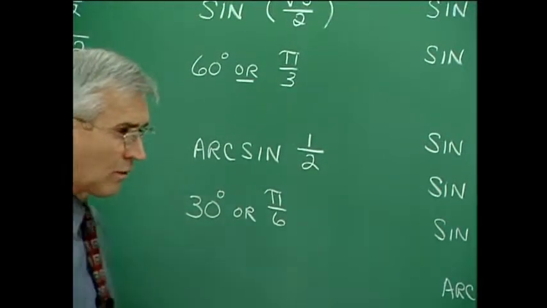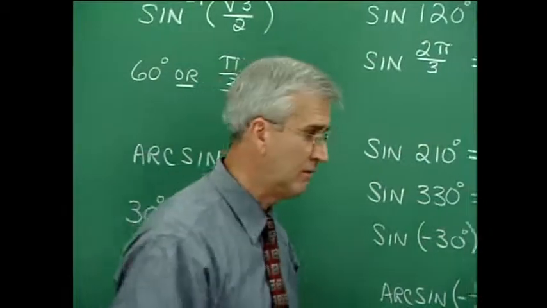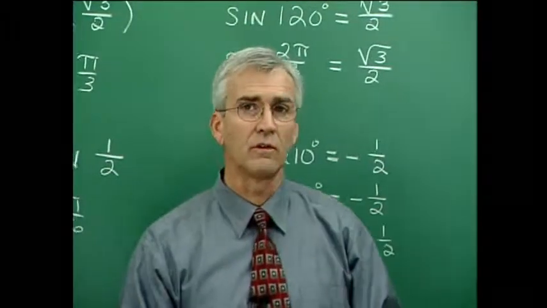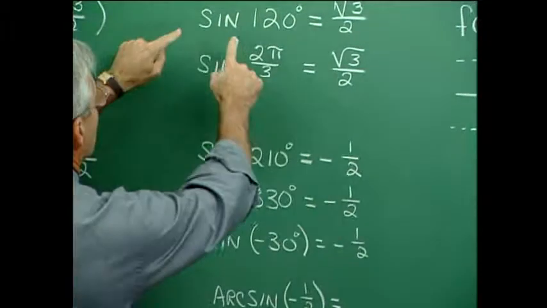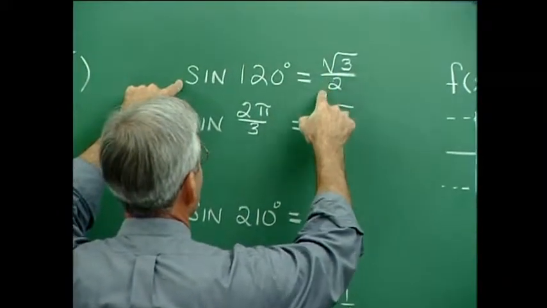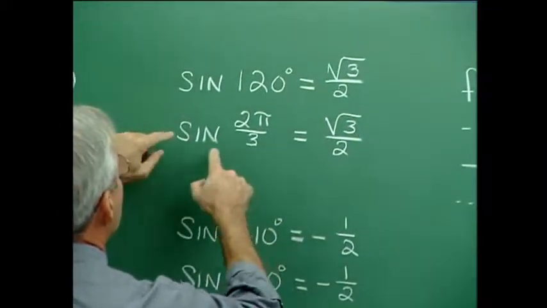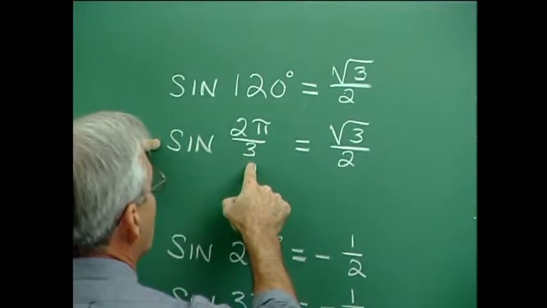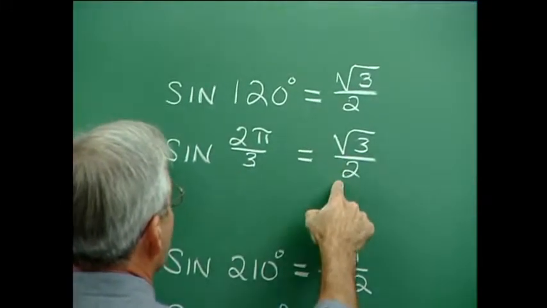Now, we have a little dilemma in this situation. We know that the sine of 120 degrees is the square root of 3 over 2. And in radian measure, the sine of 2 pi over 3 is the square root of 3 over 2.